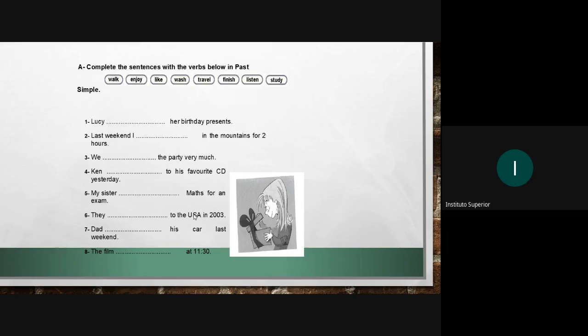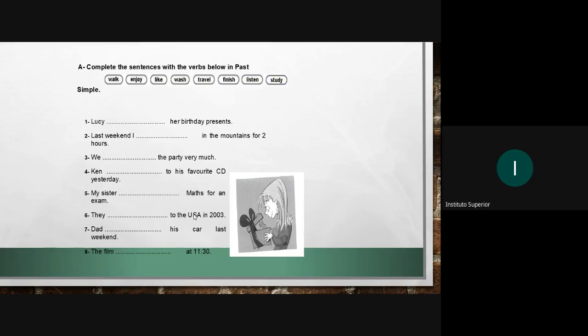Number 5, my sister math for an exam. Yes. Number 5, my sister studied math for an exam. For an exam. Very good.